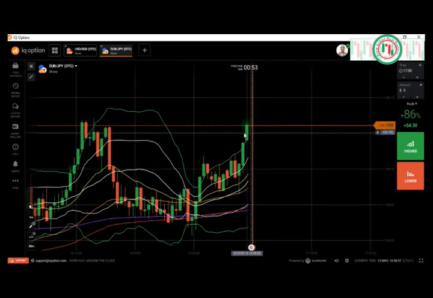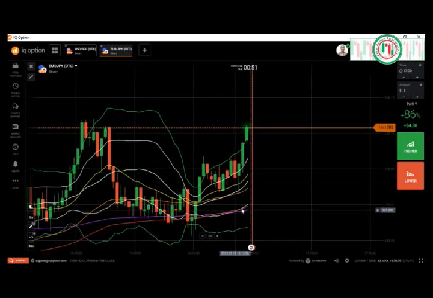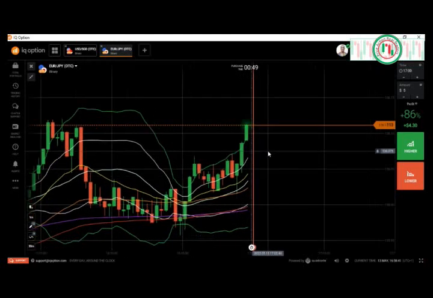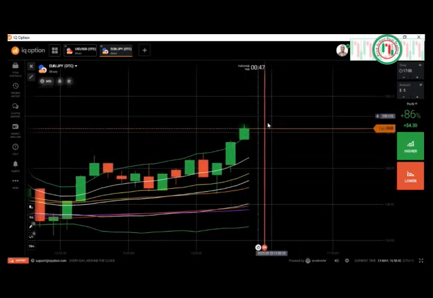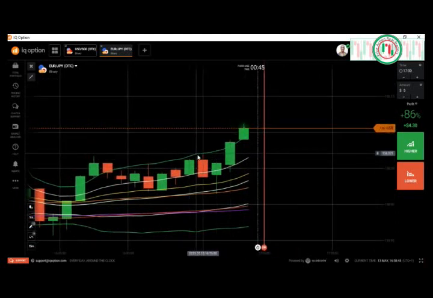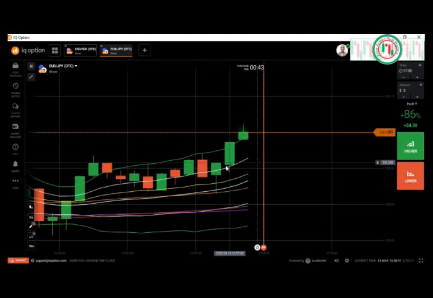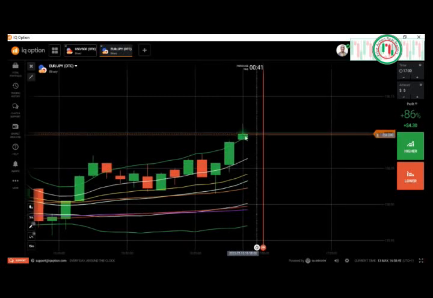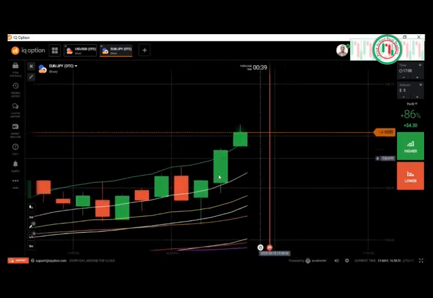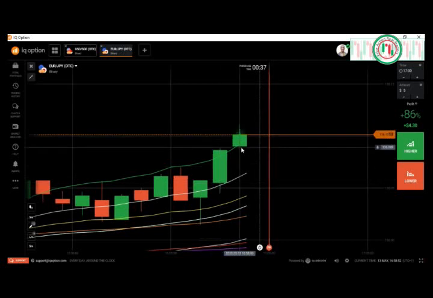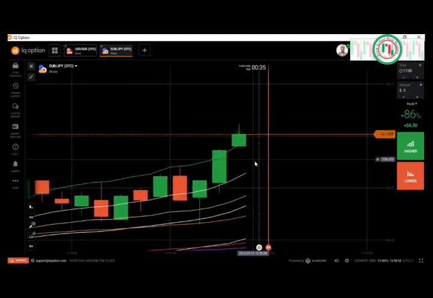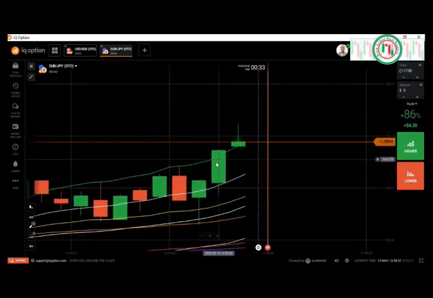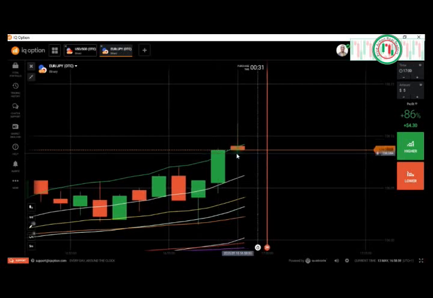Even though the market has changed, you see it's changing to uptrend, but the next candle is coming down because of this area, down, up, two gaps. Then after this candle, the market is coming down. You see gap down, gap up, then the next candle will come down. So let's wait.